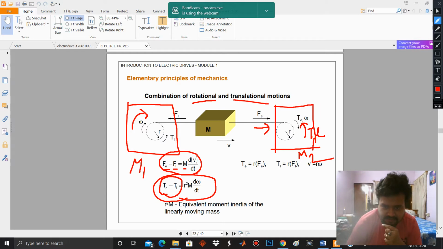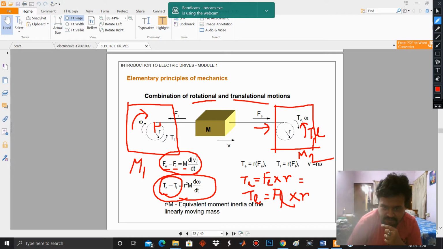So what is Te? The electromagnetic torque Te is equal to Fe cross product R. And what is TL? It is FL cross product R. What is the angle between this radius and F?